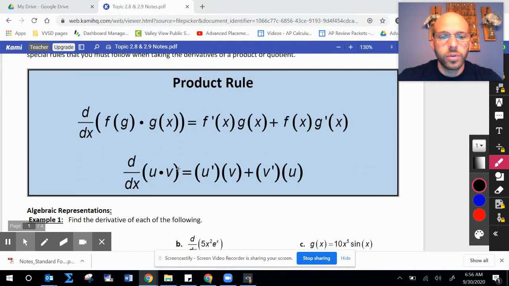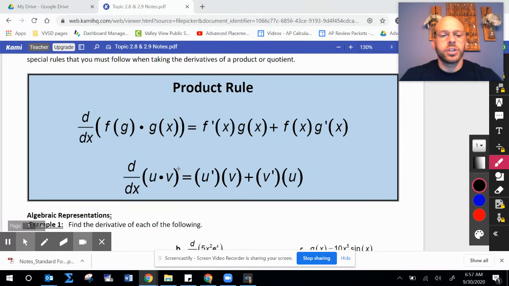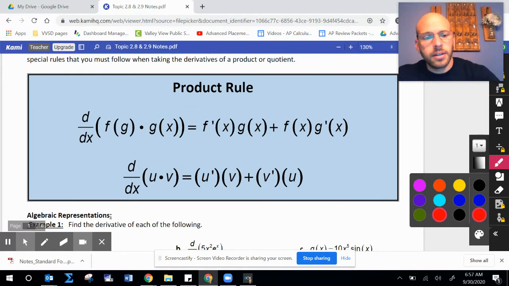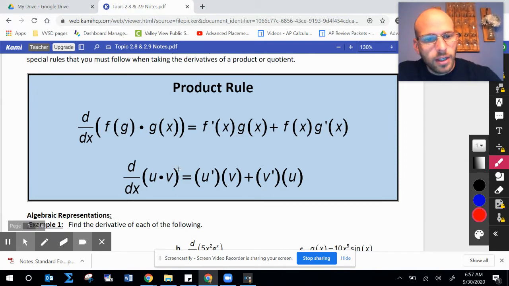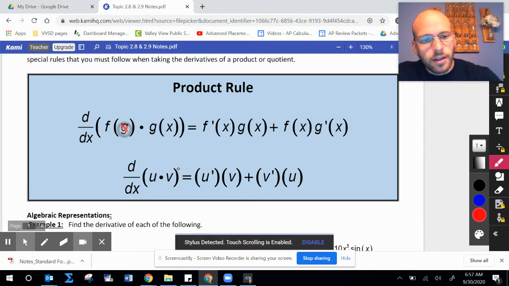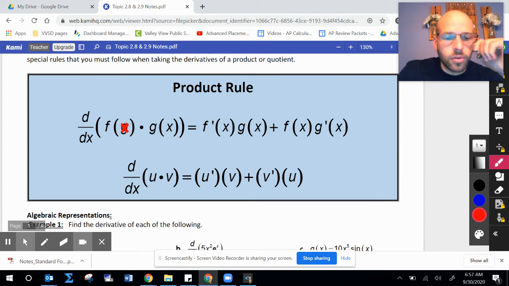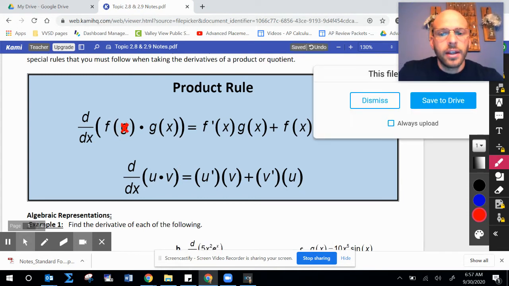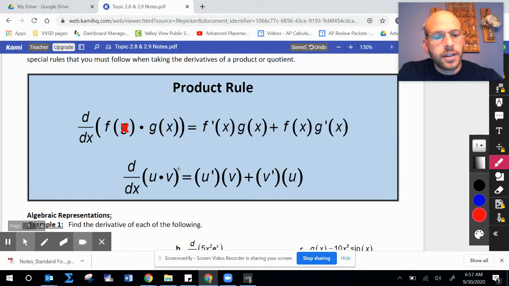So when you have a product of two functions, I know this looks a little confusing in the beginning. Bear with me. This should be an x. When I take the derivative of f of x times g of x, I'm multiplying two functions together.